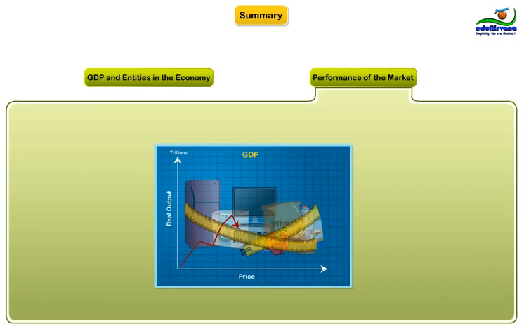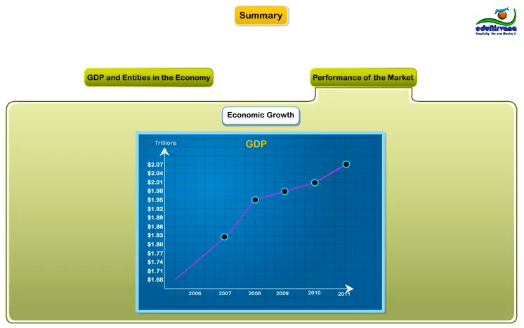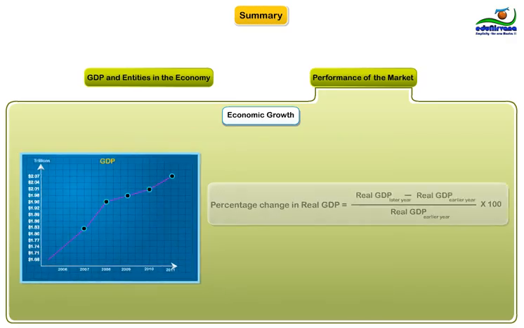Then, it was briefly discussed how market performance is assessed through GDP measures. Two approaches were discussed. First one is economic growth. Annual economic growth has occurred if real GDP in 1 year is higher than real GDP in the previous year. The growth rate is computed using the following formula.